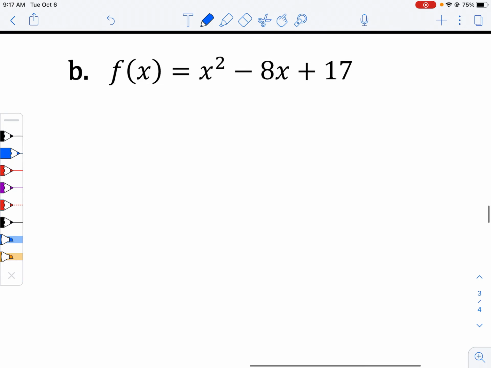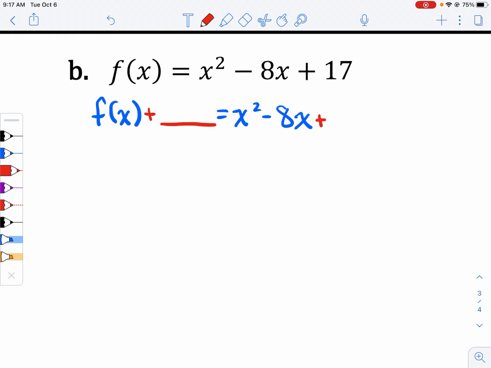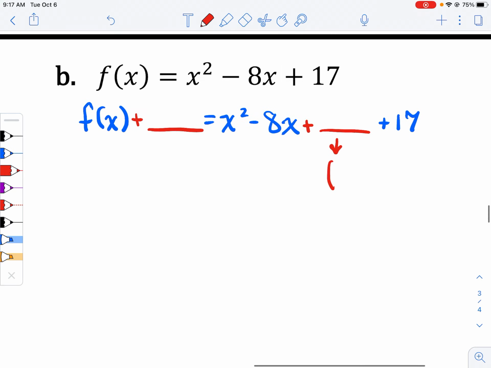Part B, same thing, but now instead of a y, we have f of x. So you'll have f of x plus some number equals x squared minus 8x plus some number plus 17. My number here is going to be my b over 2 squared.